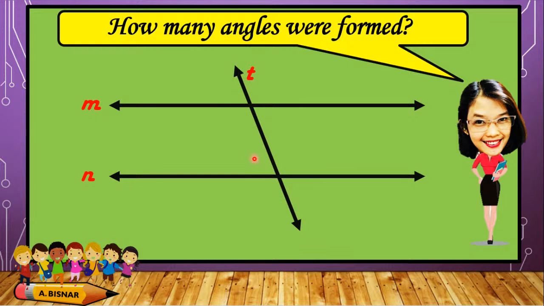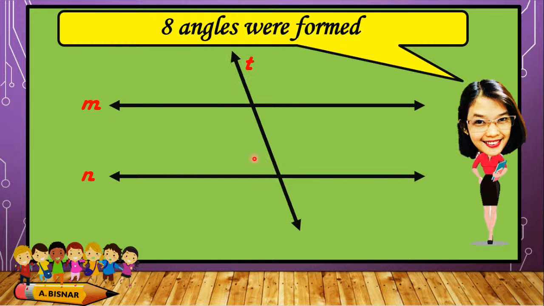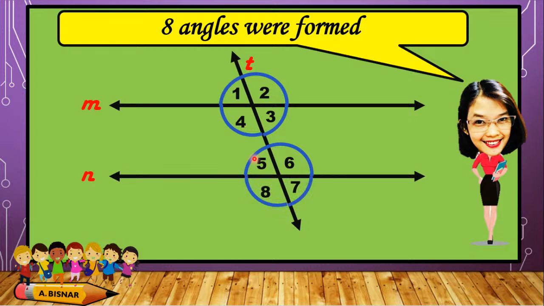Try to count. Now, let us try to count how many angles were formed. So, 8 angles were formed. And where are those? 1, 2, 3, 4, 5, 6, 7, 8.